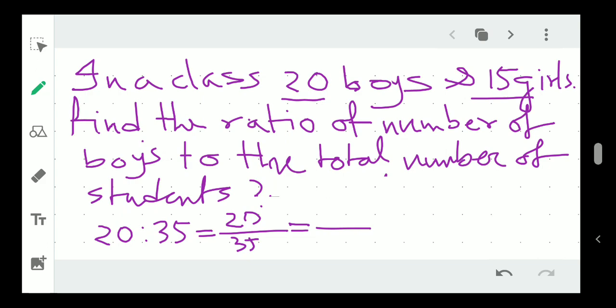Now 20 means 4 into 5 by 7 into 5, so 4:7 it will come, because it is 4 by 7 if we cut 5. So that means if in the class 7 is the total number of students, 4 will be the number of boys.